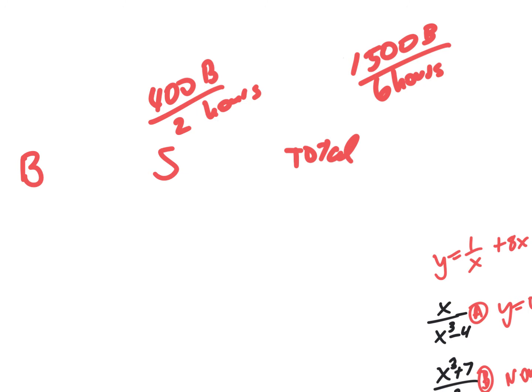Now, the last part of this question is a little more tricky. Instead of just asking you, what is Bob's rate? I want to say, we have figured out that it takes about 200 blueberries to make a pie. How long will it take Bob to pick 200 blueberries?